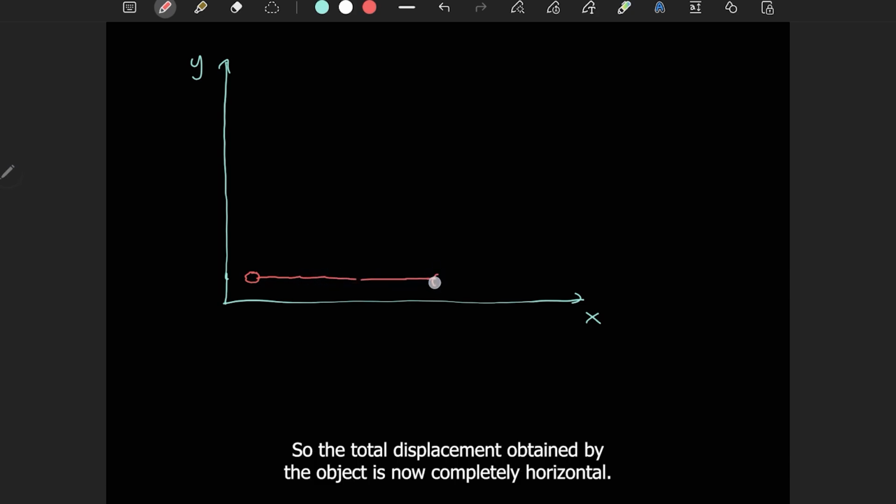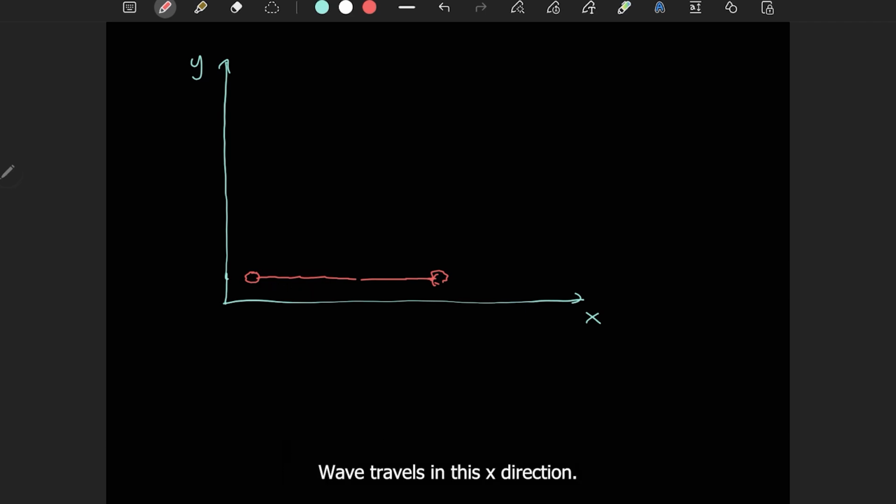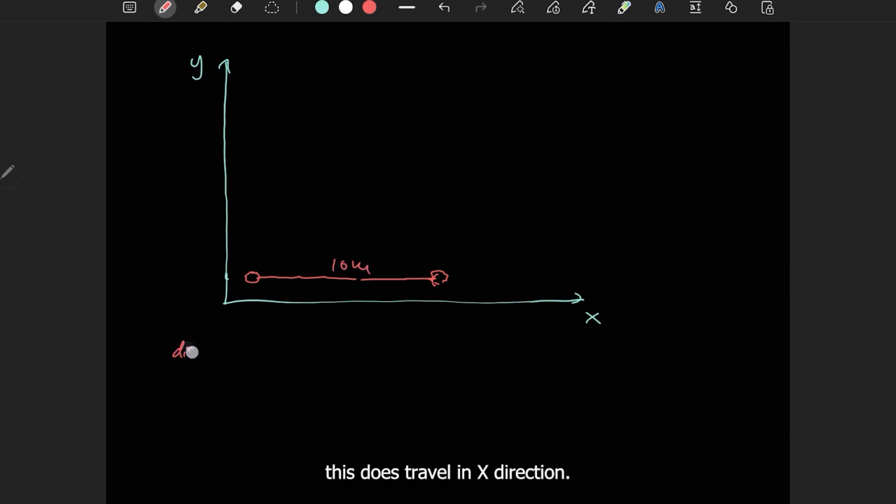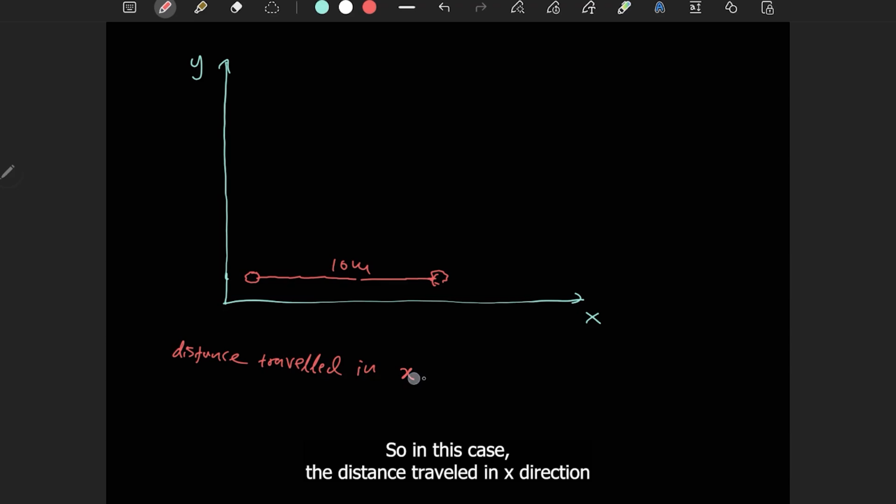The total displacement of the object is then completely horizontal. So if this object travels 10 meters, the distance traveled in the x direction is 10 meters.